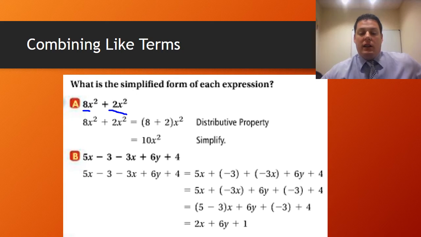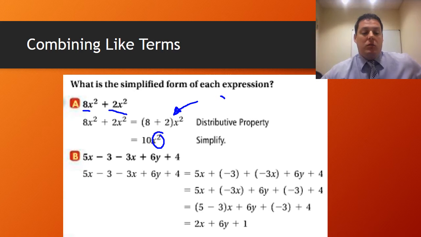The reason, as they show you, is the distributive property, distributing x squared to each of those terms. Really all we need to know is that since they're alike, we can add them, and 8 plus 2 is 10, so we have 10 of that like thing. If x squared represents apples, we have 10 apples.